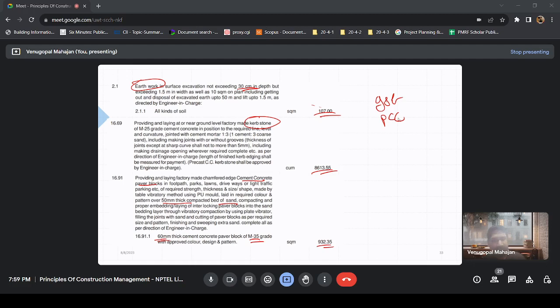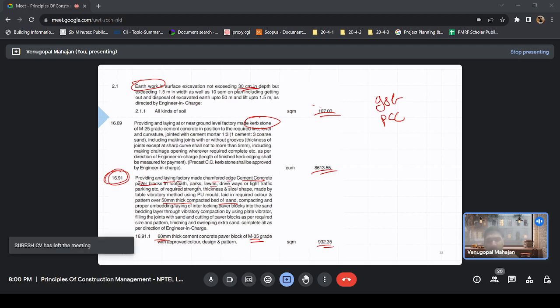What you can see is that, why is it called item rate? When you are talking about the top layer, pavers, if you go into detail in 16.9, just 9.1, you read it. What all things are there? Providing and laying, so that the carriage charges are also included. What kind of CC paver block? Chamfered, for what purpose? Footpath, parks.